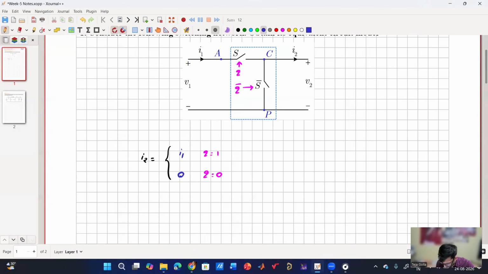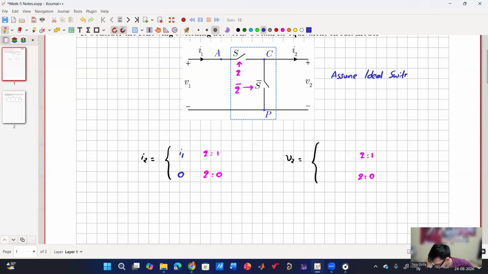Yeah, good. Similarly, let us do it for voltage also. What is the voltage when Q is equal to 1 and when Q is equal to 0? Assume there is no drop across the switch. It's an ideal switch, so V2 equals V1.